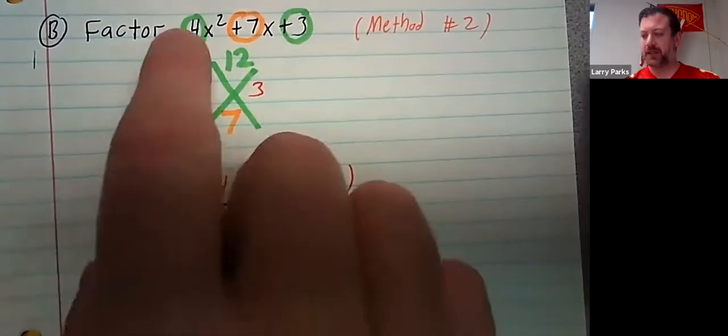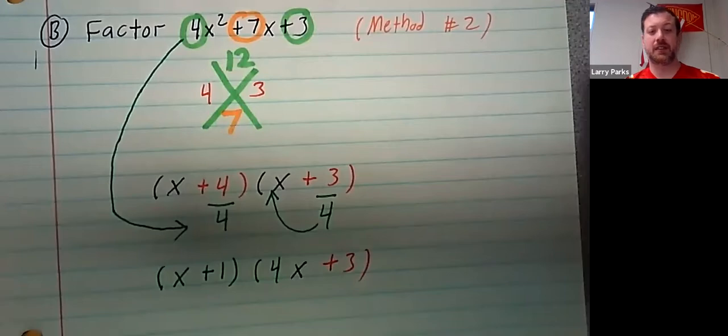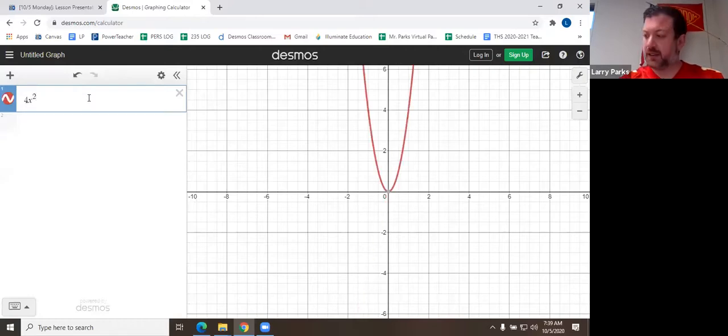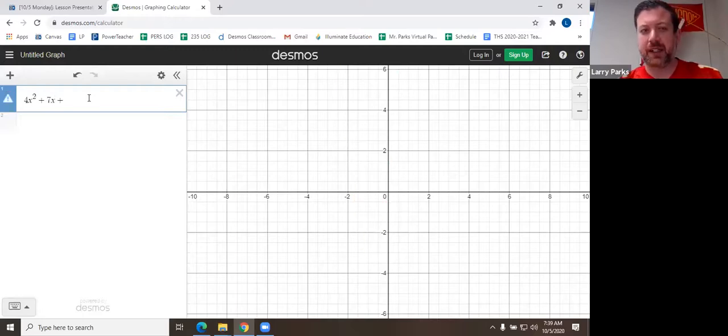Another way would be to graph this and see if they look the same. So I'll do that real fast. So I'm going to graph 4x squared plus 7x plus 3. Now all this will tell me, the 4x tells me it opens up.